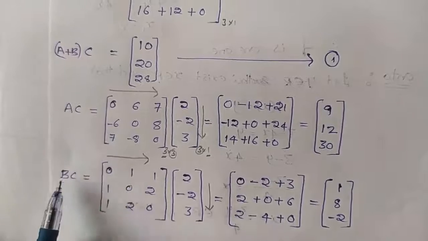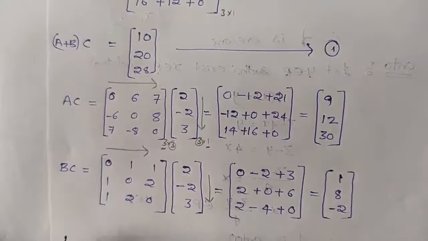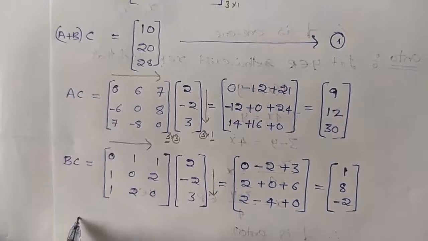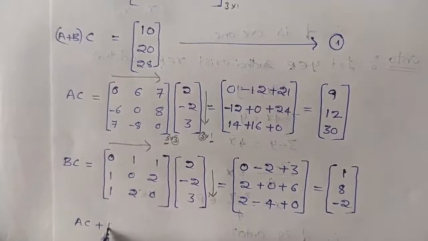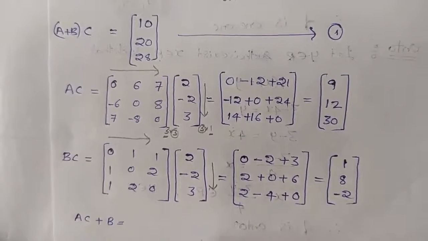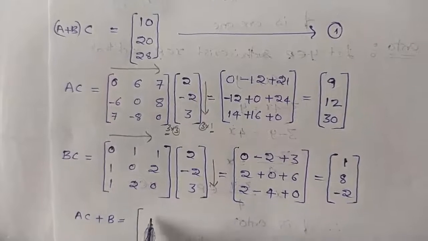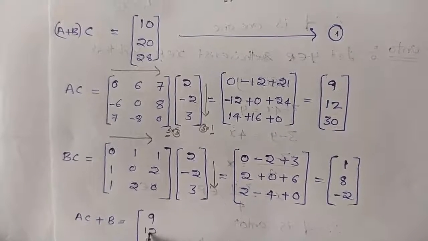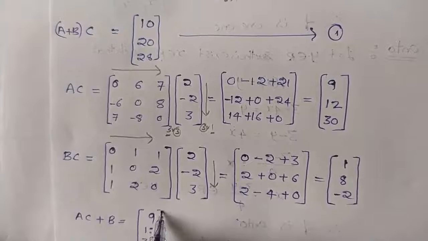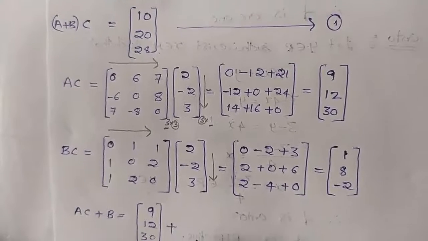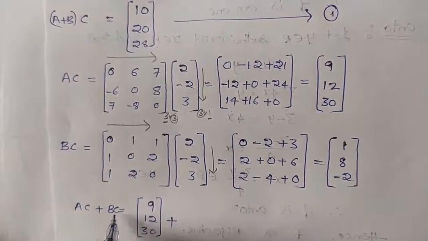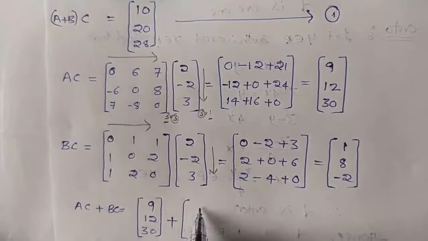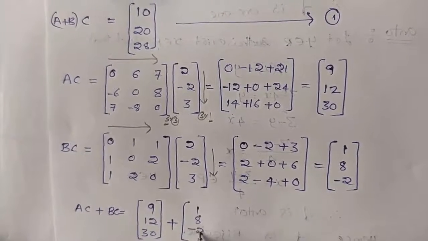Here we have AC and BC. Now add these two. Therefore AC plus BC equals, write the matrix AC 9, 12, 30 plus BC 1, 8, minus 2.